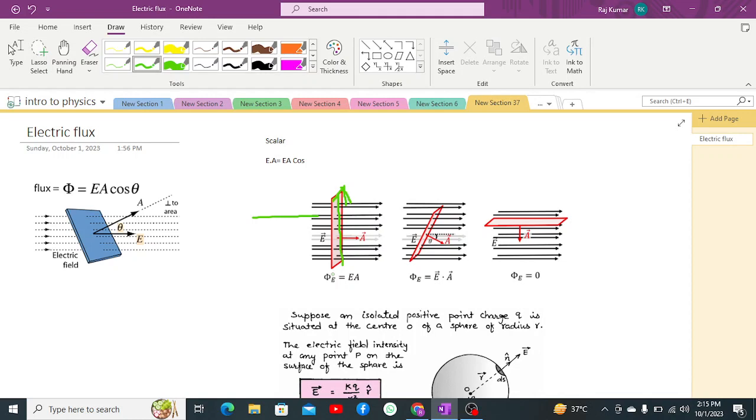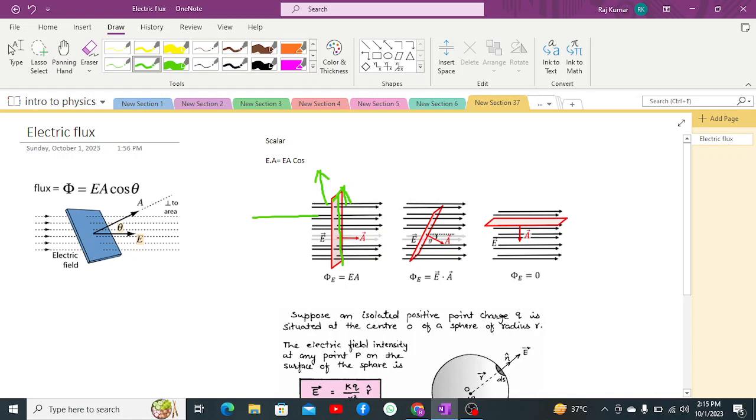Whenever both are arranged this way, the electric flux is EA, which is maximum.